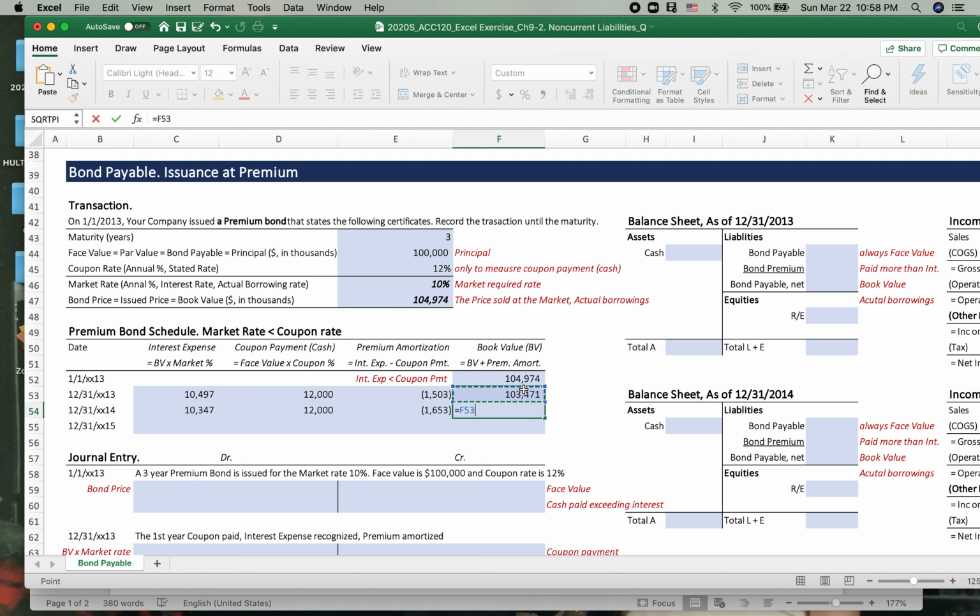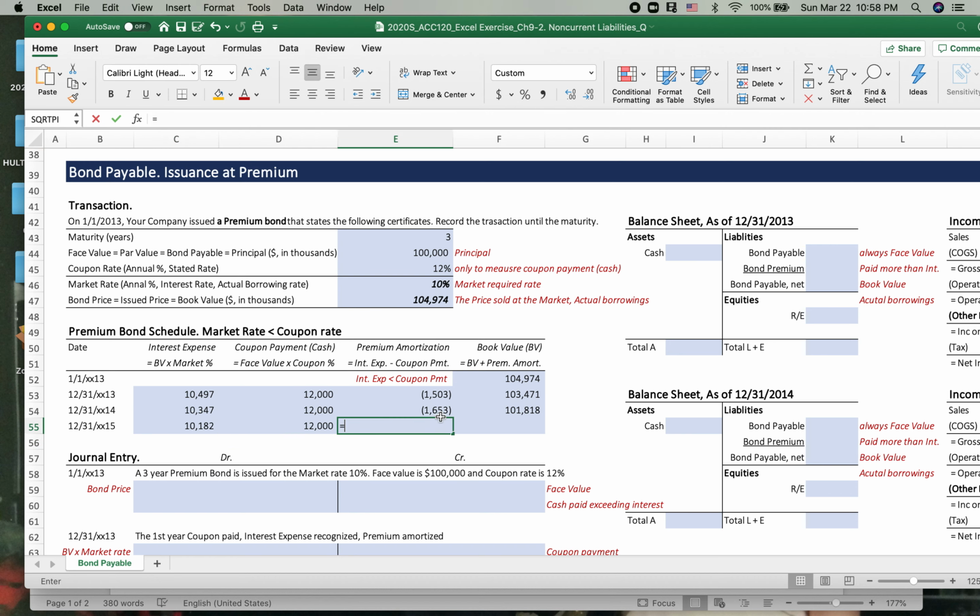So 103 plus the premium amortization. In the last year, the same process: 10% and 12,000. So the premium amortization should also be reduced by 1,818. Then guess what? The book value at maturity is $100,000, the same as the principal.